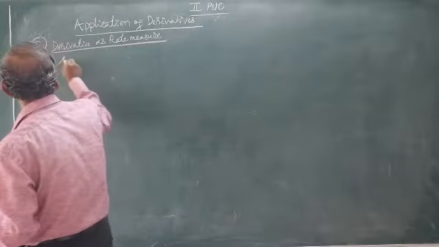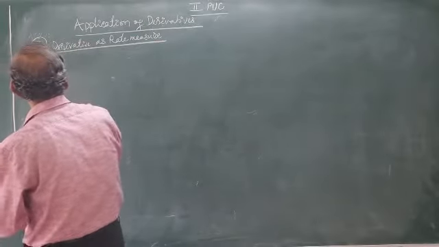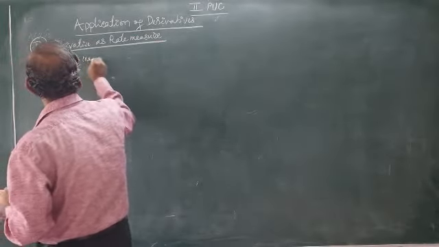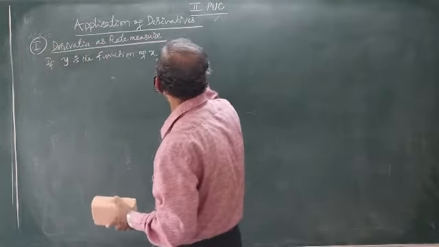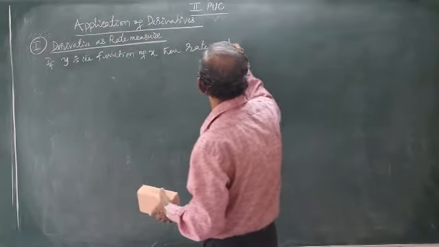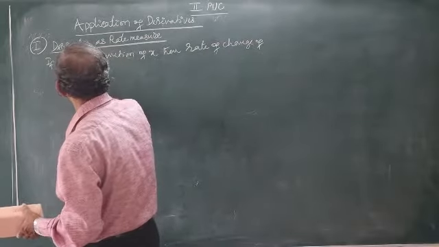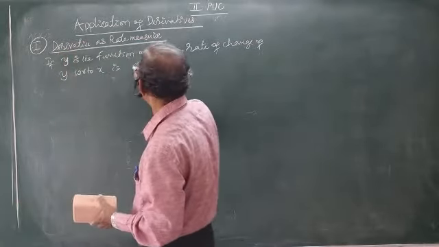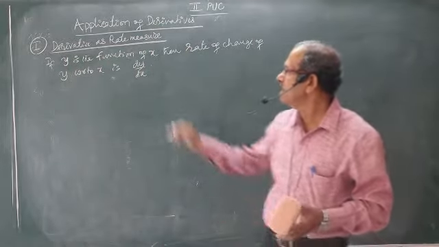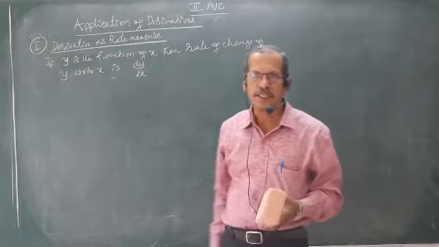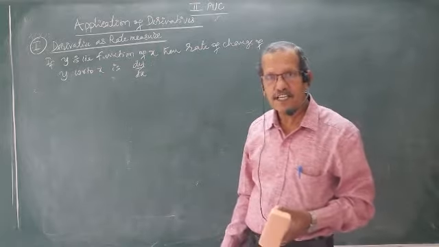If y is a function of x, then the rate of change of y with respect to x is dy by dx. dy by dx is nothing but the rate of change of y with respect to x. Now in place of y and x we can take different terms, like distance.